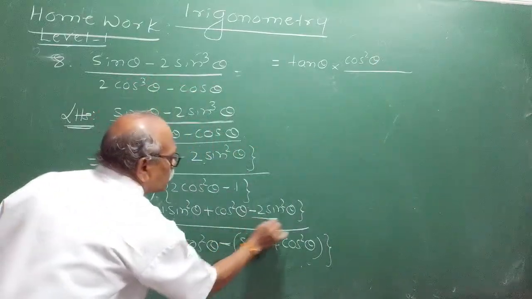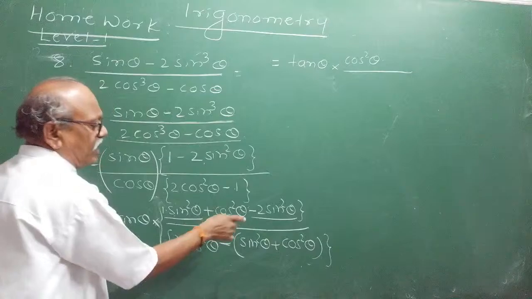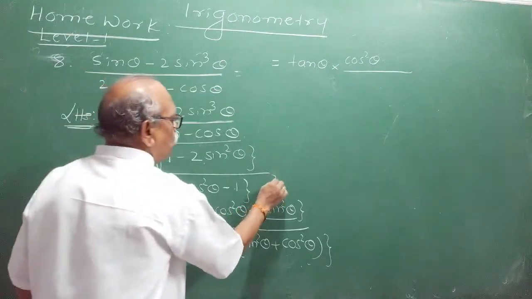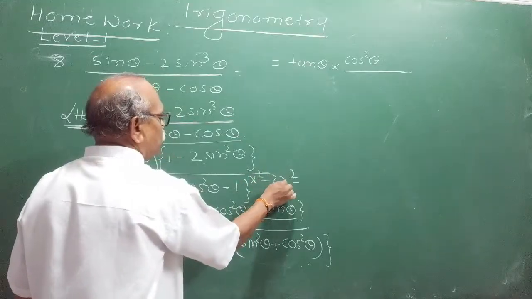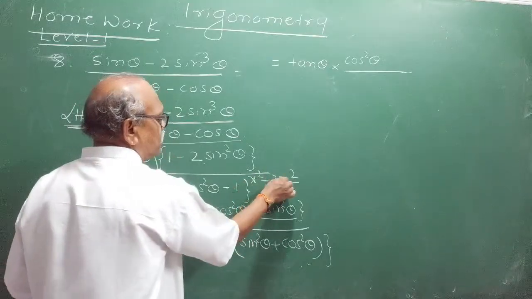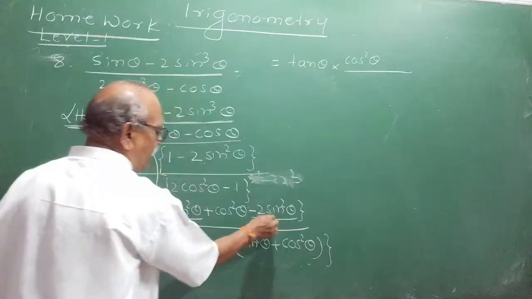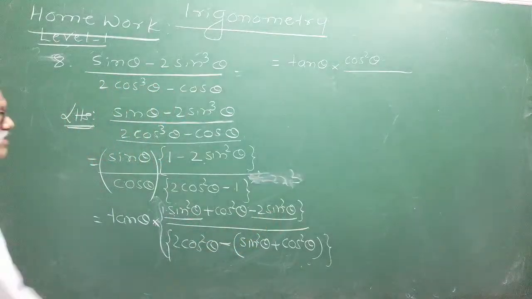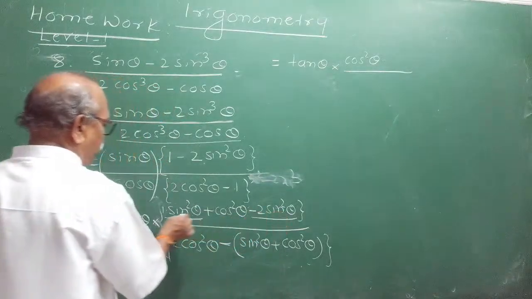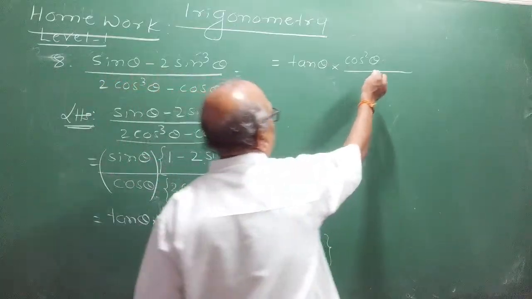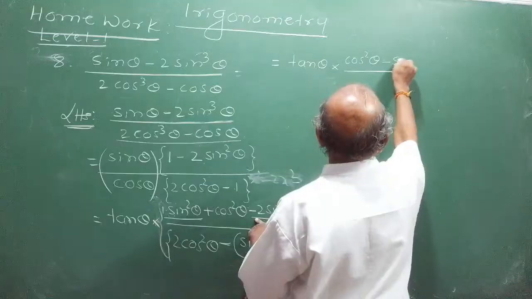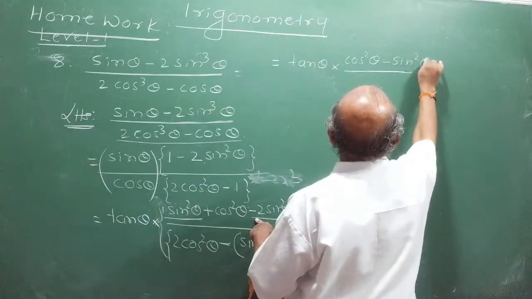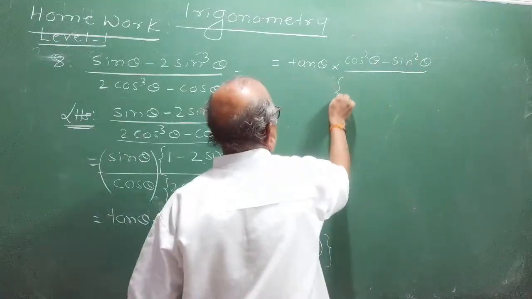Observe, minus 2 sin square theta and plus sin square theta are like terms, like minus 2x square plus x square, which is minus 1x square. Similarly, you have to handle the trigonometric identities. Minus 2 sin square theta plus 1 sin square theta becomes minus sin square theta, since the minus number is bigger. That is the numerator simplified form.